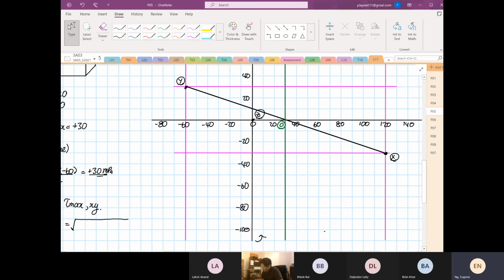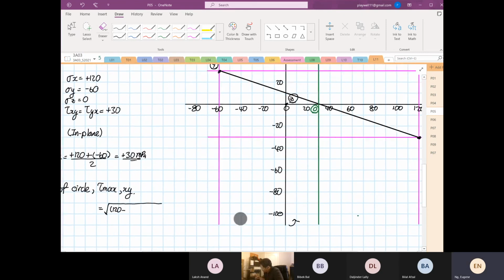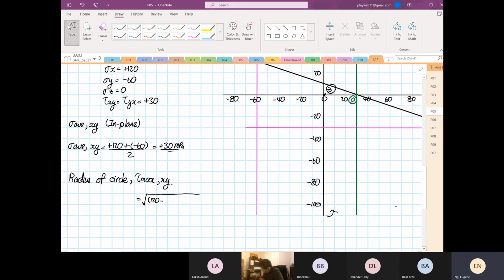So over here, the x-axis is equal to 120. The problem is some of you divide by 2. In this case, you don't need to divide by 2 because it's 120 minus 30 squared. You only divide by 2 if stress y is equal to 0, then you take that value and divide by 2.